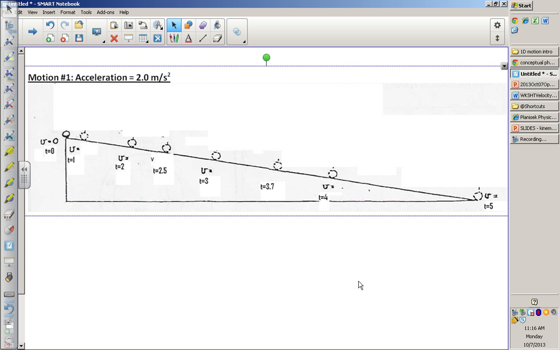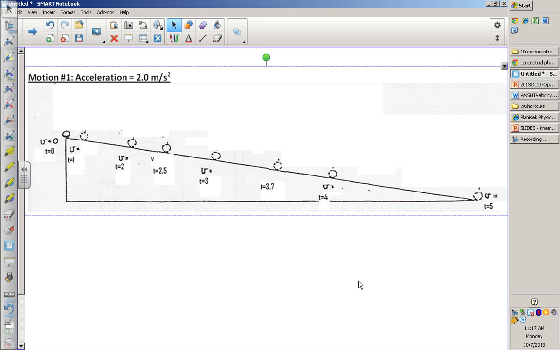But before we started this discussion, we talked about the idea that we can figure out the velocity of this object at any particular moment in time after it starts if we know the acceleration value and we know how long it was accelerating. So for this ramp in particular, what was the initial velocity of this object? Up at the top of this ramp, at time 0, this object wasn't moving, so its initial velocity was 0.